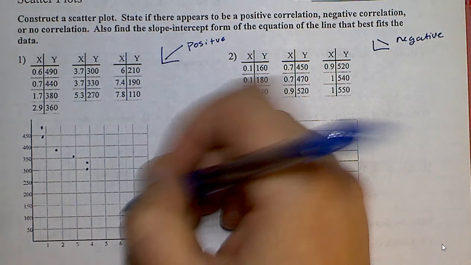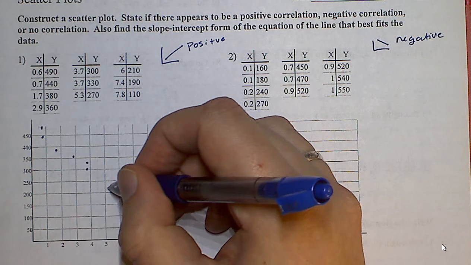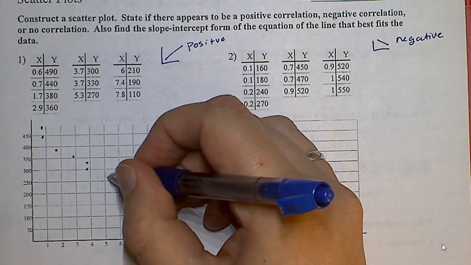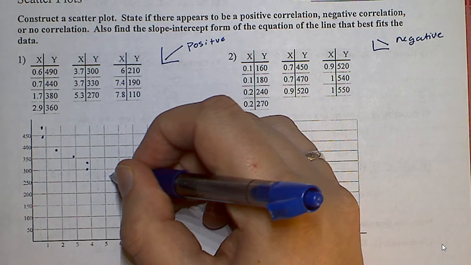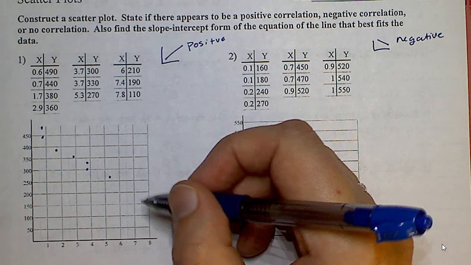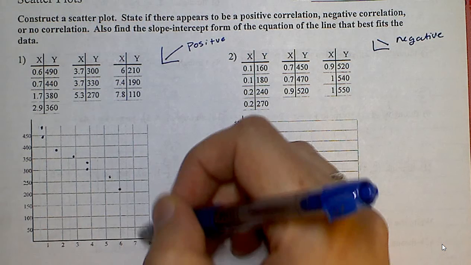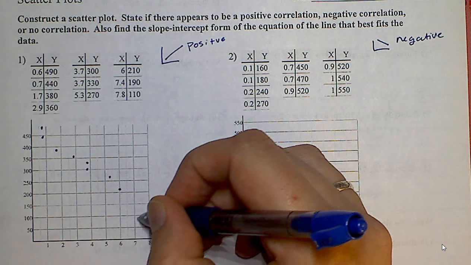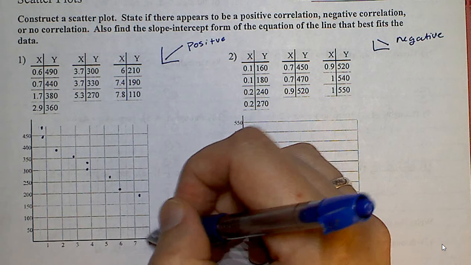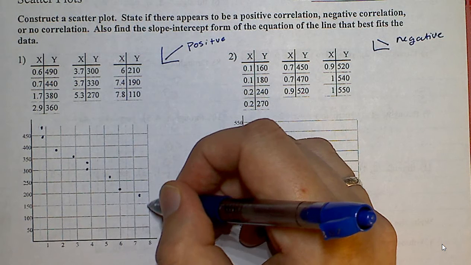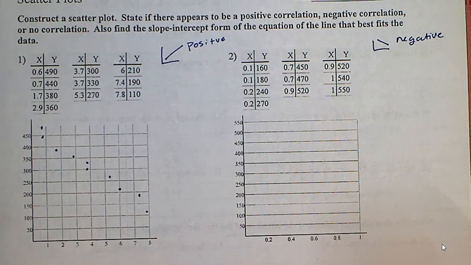And then 5.3, 270. And 6.2, 10. 7.4, 190. And 7.8, 110. Okay.